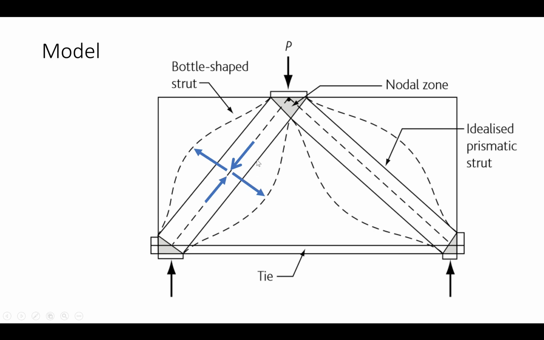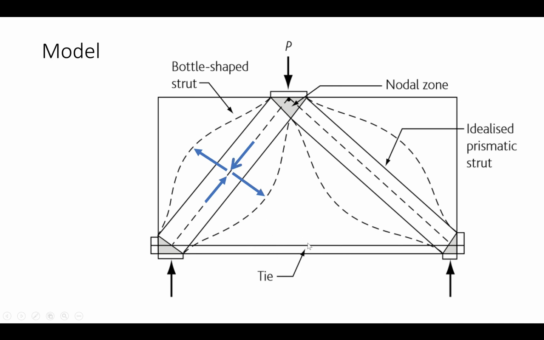We have a real shape, so it's easy to calculate and verify the stress in this section, because we can calculate the width of the strut, so we can apply it to verify the stress here.